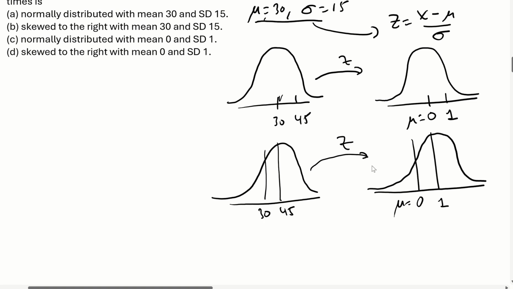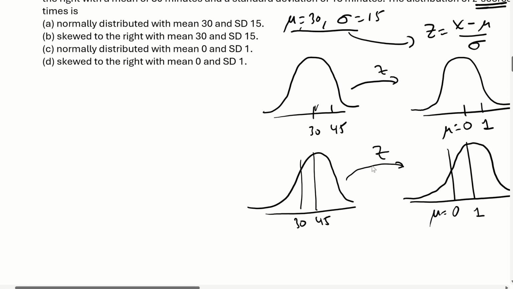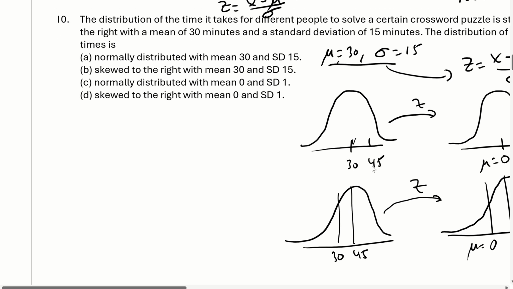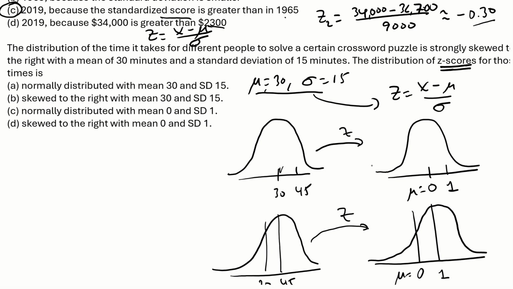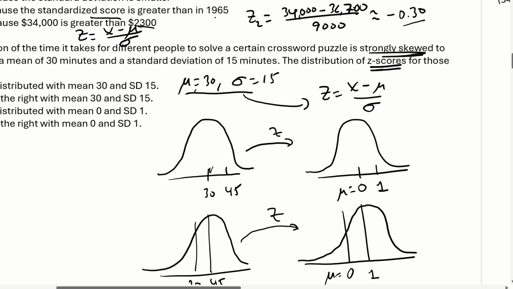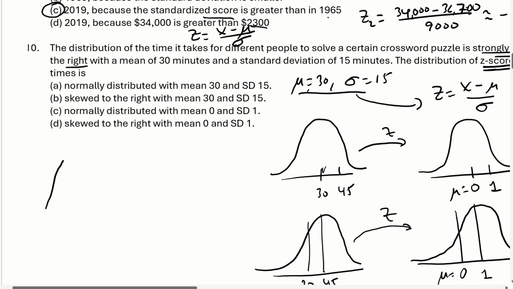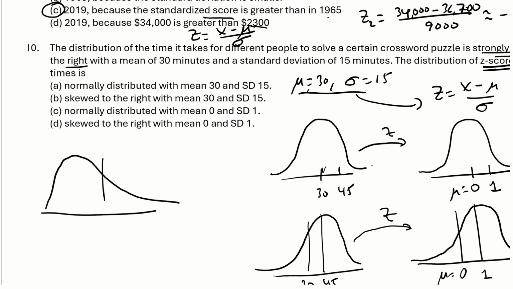So in this case, it says it's skewed to the right, so that means it looks like this, with a mean of 30 and a standard deviation of 15, so it goes by 15s.